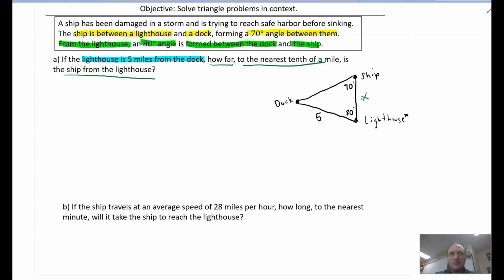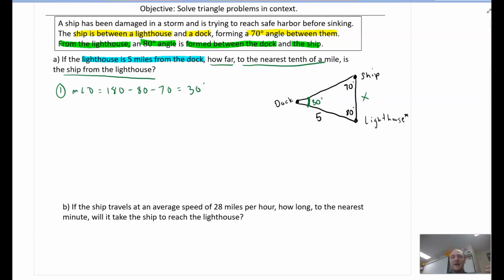What we can do is find this angle here, which I'll call the measurement of angle D. Step 1: the measurement of angle D is equal to 180 degrees minus 80 degrees minus 70 degrees, which is 30 degrees.